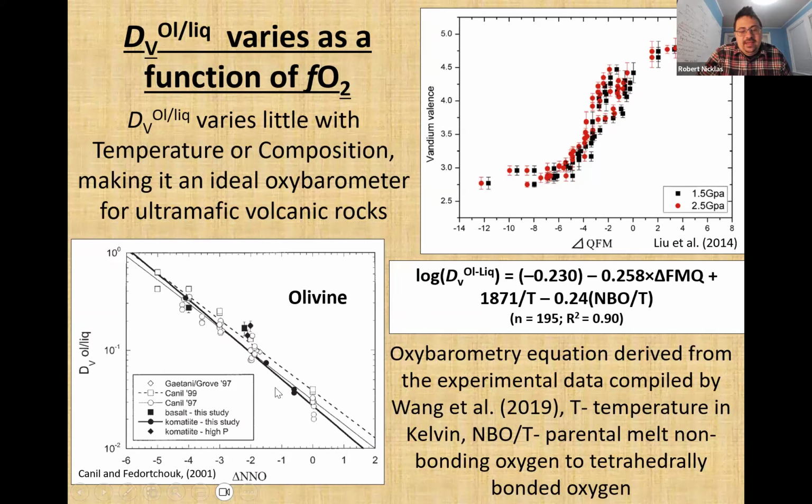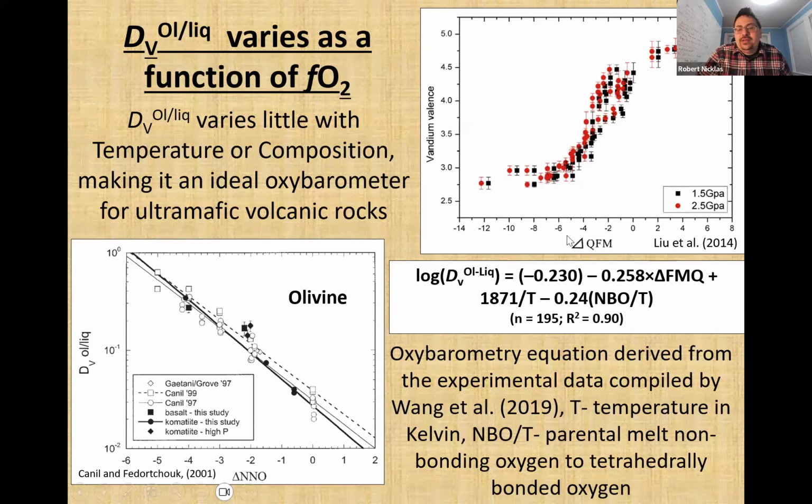You'll notice there's a very strong correlation here across many different types of experiments. There's not nearly as strong an effect of either temperature or melt composition. These vertical arrays of data show same oxygen fugacity, different temperature or melt composition. Therefore, if we can constrain this partition coefficient in a natural lava flow, we can get the FO2 of a sample, kind of back this all out.